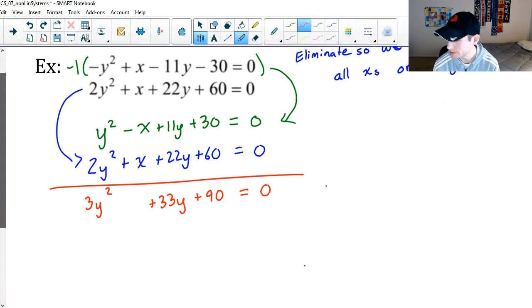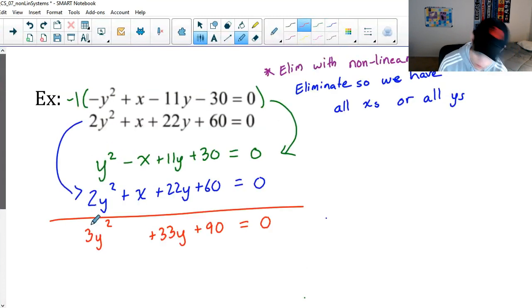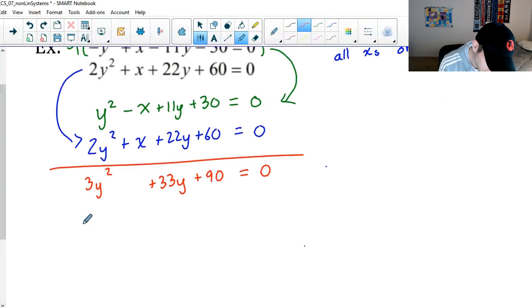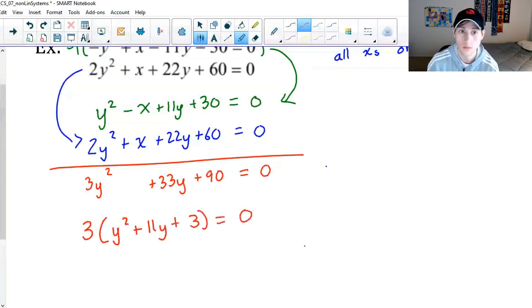Again, we have our various methods that we can solve quadratics by. But I'm going to try, I always start out with factoring. I have a GCF here of 3, so let me pull out 3. Y squared plus 11y, wait, not plus 3. That's not 9. Come on.